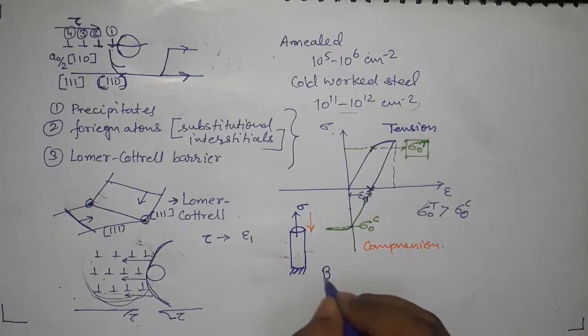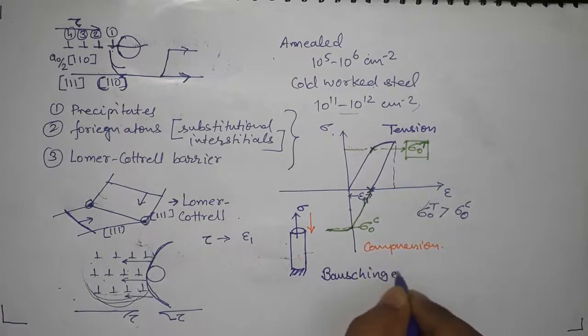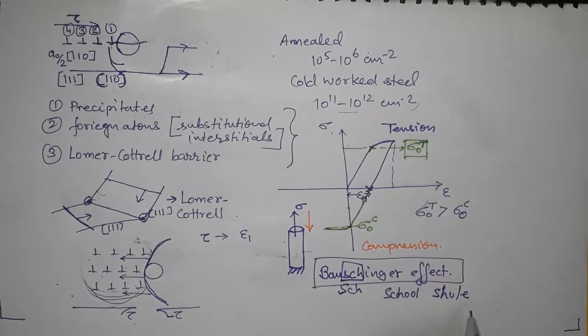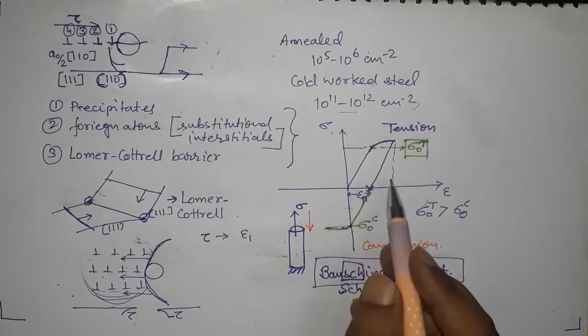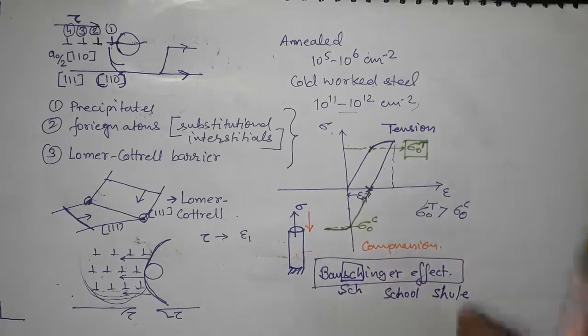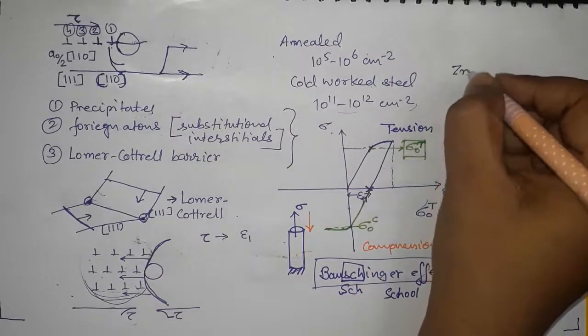It is called Bauschinger effect, or the analysis of back stress, which should be lower if you reverse the direction of stress, usually can be seen experimentally in zinc crystals.